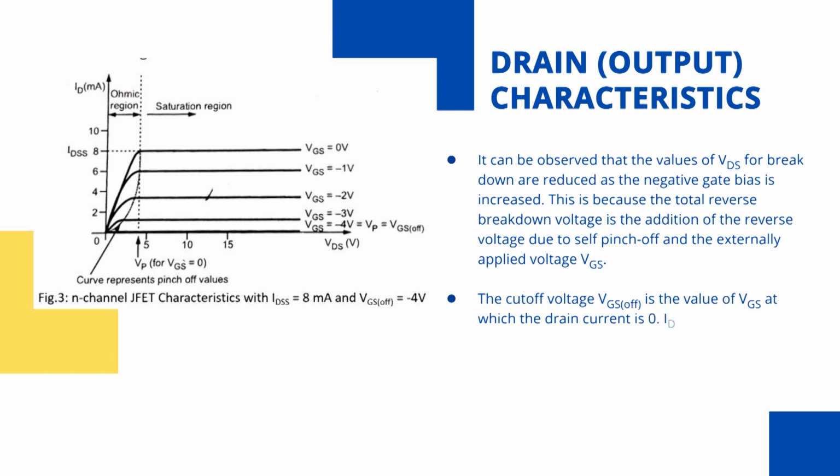The cutoff voltage VGS off is the value of the gate voltage at which the drain current is 0. So, ID is 0 only when the magnitude of VGS is equal to or greater than the magnitude of the pinch off voltage Vp. So, let us discuss the relation of VGS off and Vp.